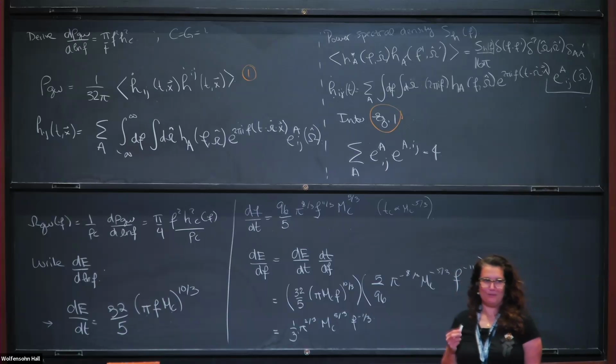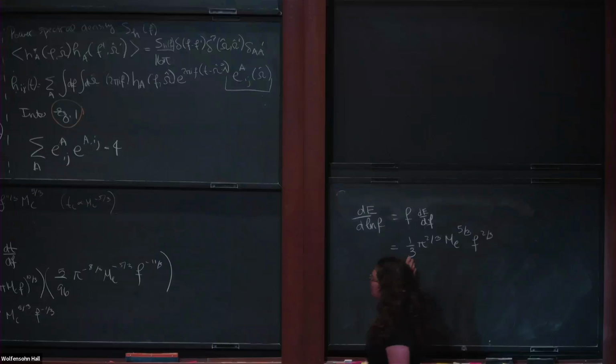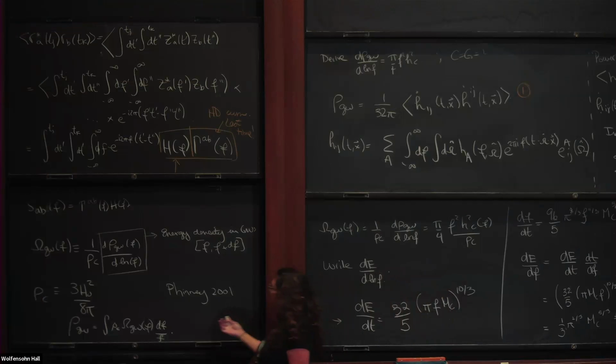I'm not doing better than 13% with you guys. Okay, so what that means is that this expression, for the amount of energy that's input into omega GW and the gravitational wave background, really depends on how you assume the black holes are evolving. So here, it's under gravitational radiation.